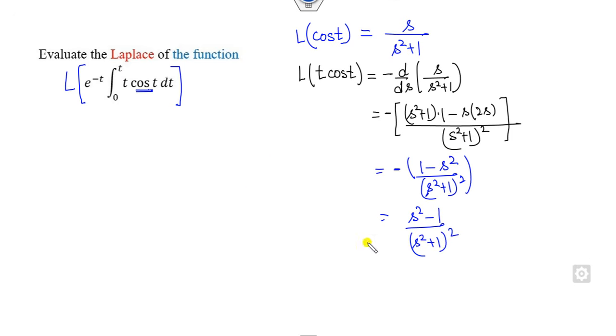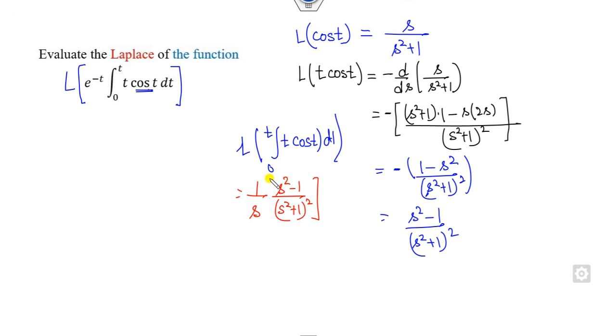Then you can integrate them. So therefore, what is the Laplace of the integral from 0 to t of t cos t? That will be 1 over s times this answer, s square minus 1 over s square plus 1 whole square. Fine.